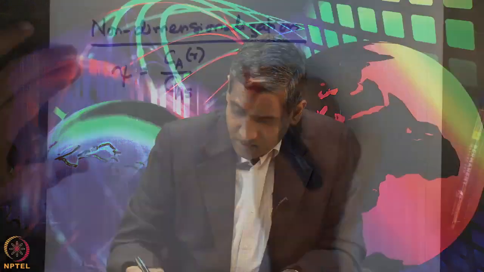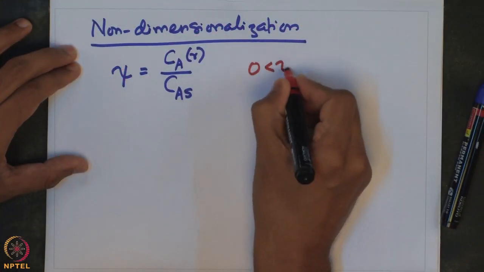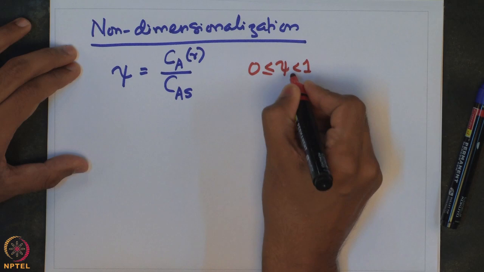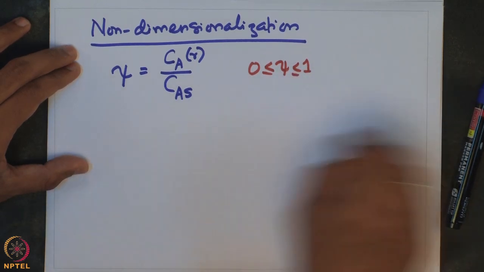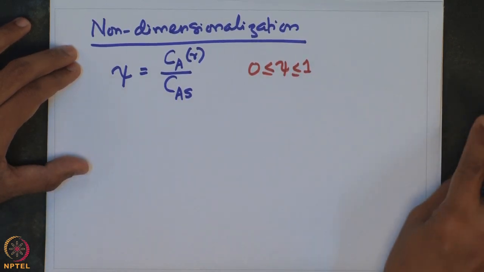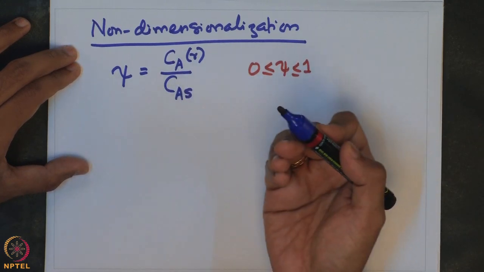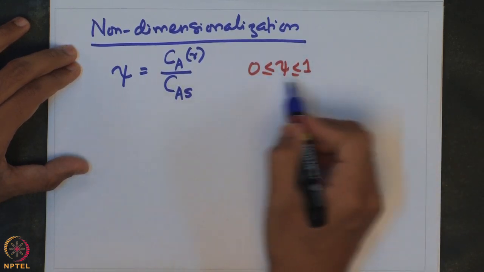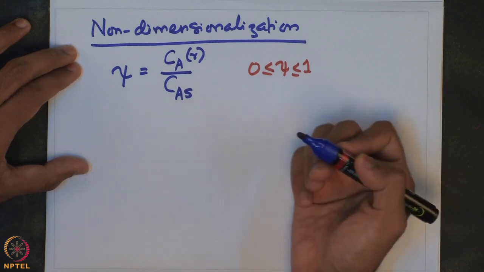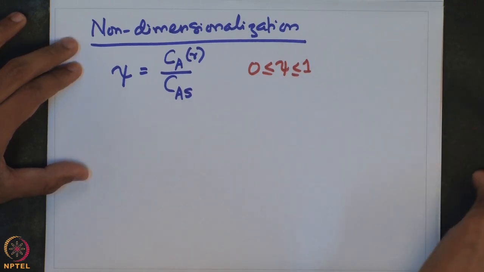So, clearly psi is always in the range between 0 and 1: 0 when the concentration is 0 at any location, and 1 when the concentration is equal to that of the surface concentration.